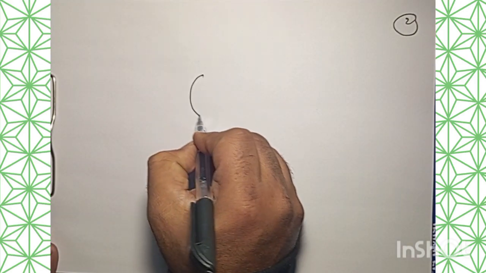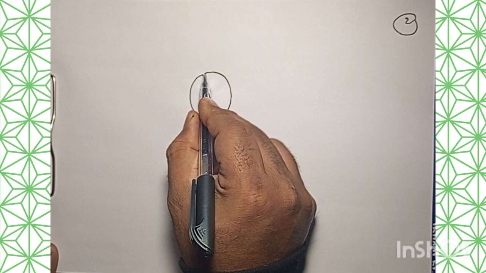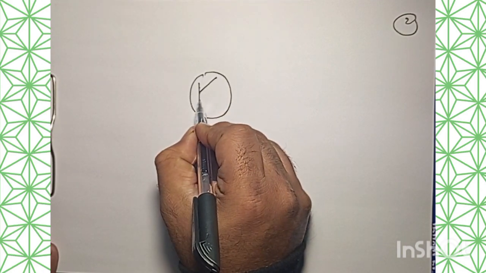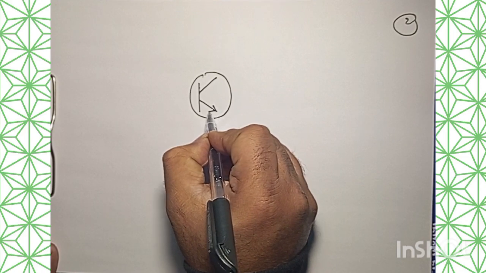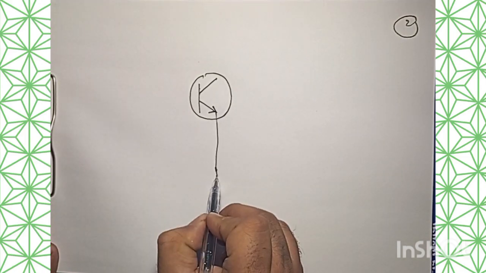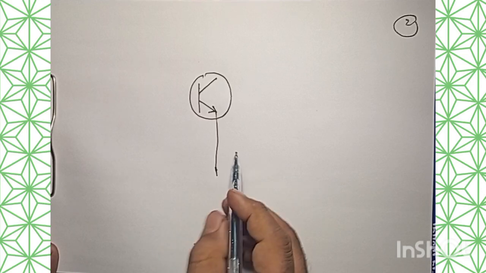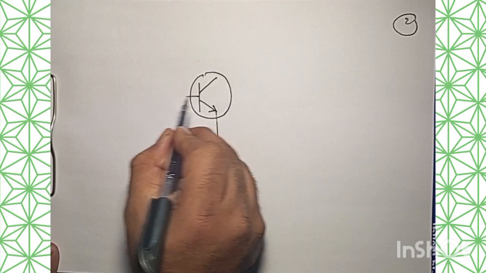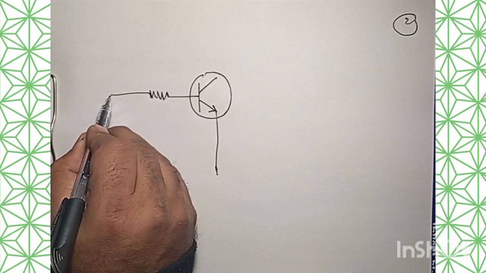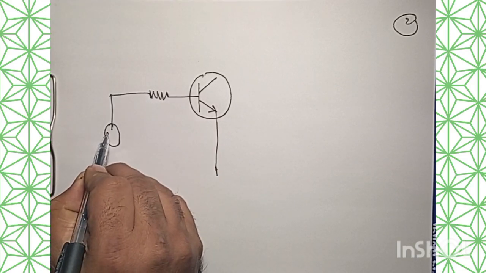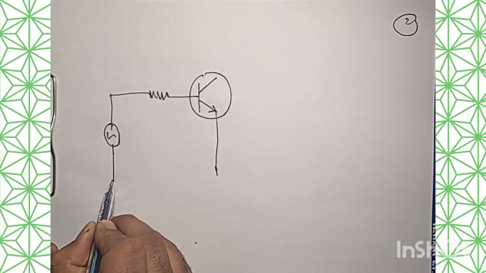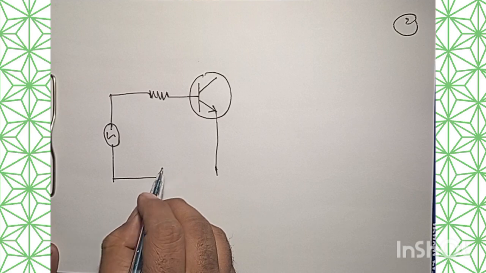So we have a transistor. Okay, so as usual, I would like to choose the NPN transistor. So the arrow should be outwards, and this emitter will be grounded, and then we have the base here, and here I would like to give the input signal, which is weak in magnitude, and I would like to bias the input circuit.